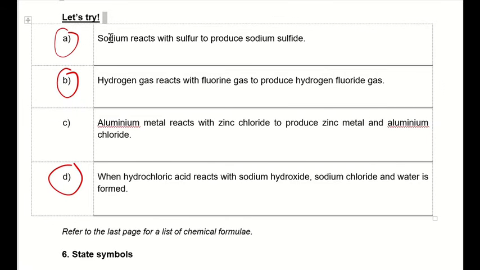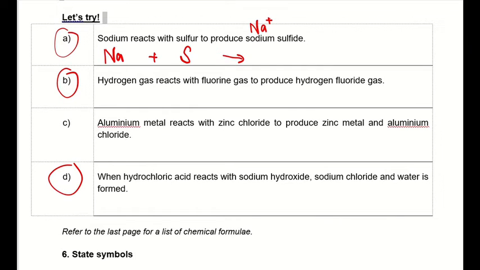Sodium is a metal, so a metal is written as a single atom. Sulfur is also written as single. And then you get sodium sulfide. Let's identify first whether it's ionic or covalent. This is an ionic compound because it's a metal and a non-metal. If it's an ionic compound, then you need to write down the ions. The sodium ion is Na+.